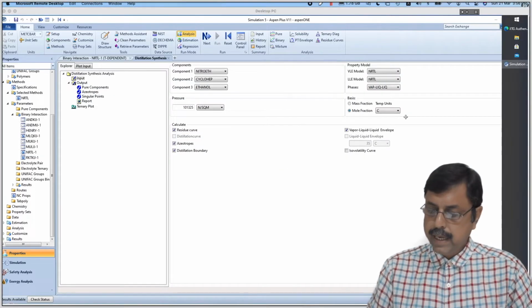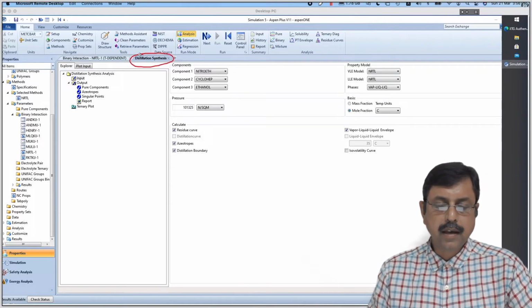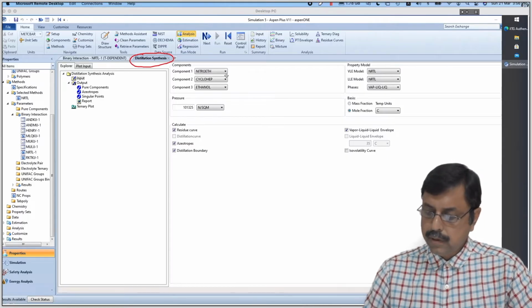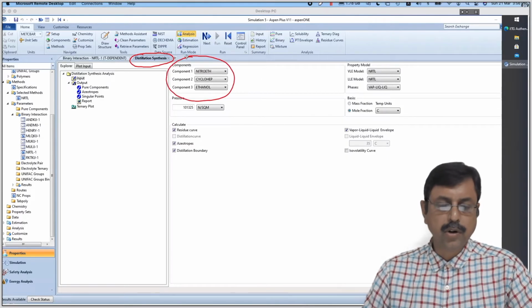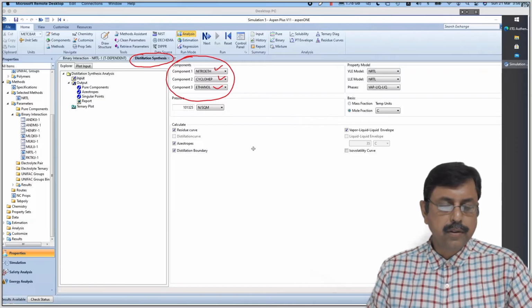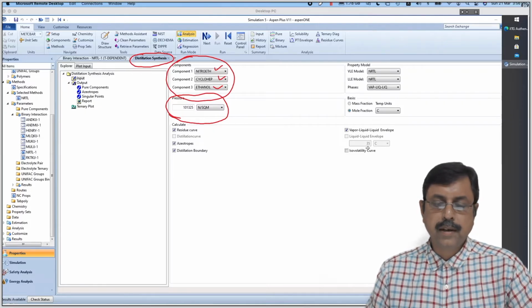and then we get this particular distillation synthesis window, and here we have several pieces of information. So the component list has been given. Component 1 is nitroethane, cycloheptane is component 2, and ethanol is component 3. And the analysis is done at a pressure of 1 atmosphere.